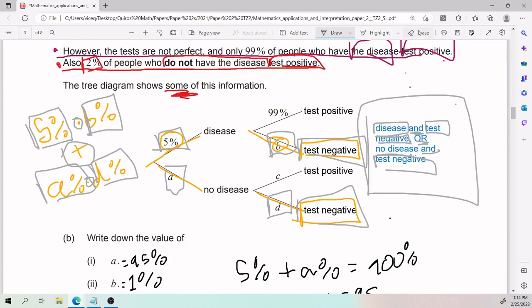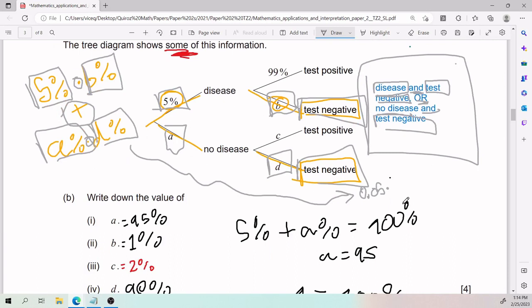Okay, so I'm going to plug in what I have in yellow over here. It's going to look something like this. We have 5%, which we said was 0.05, times testing negative B, which we said was 1%, so 0.01. All of this being added to the alternative, which is A times D. We said A was 95%, and we said that D was 98%.